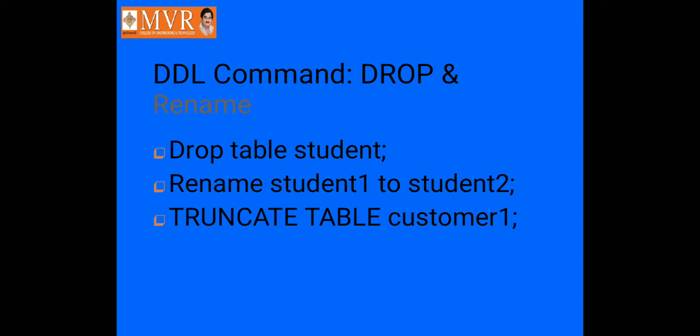Drop table student means the table is completely removed from the database. Rename student 1 to student 2, you can rename student 1 to student 2. Truncate table customer 1. Truncate means clearing the table customer 1, so you can use that as drop and rename.